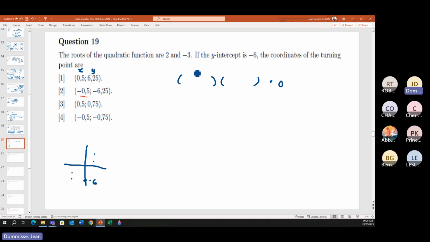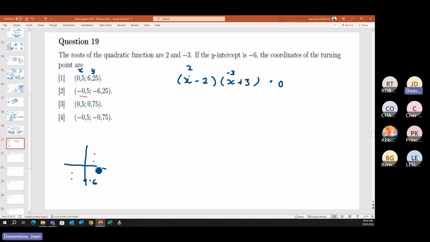If they tell us that the roots are 2 and minus 3, the one is 2, and the other one must be minus 3. Okay, so that is your roots: 2 and minus 3.